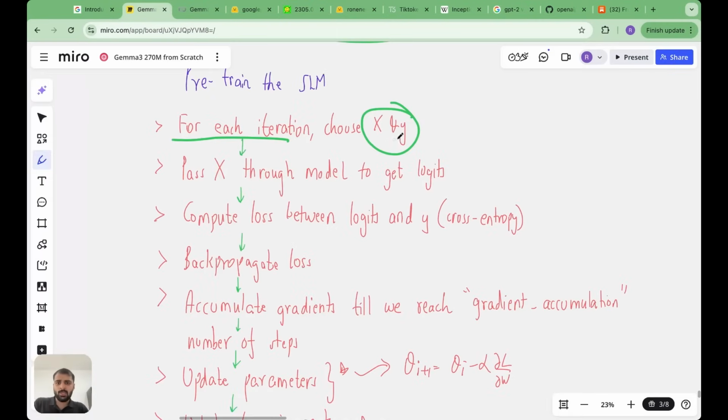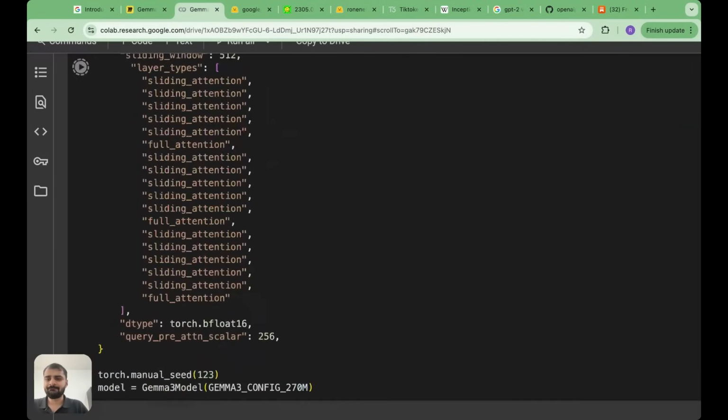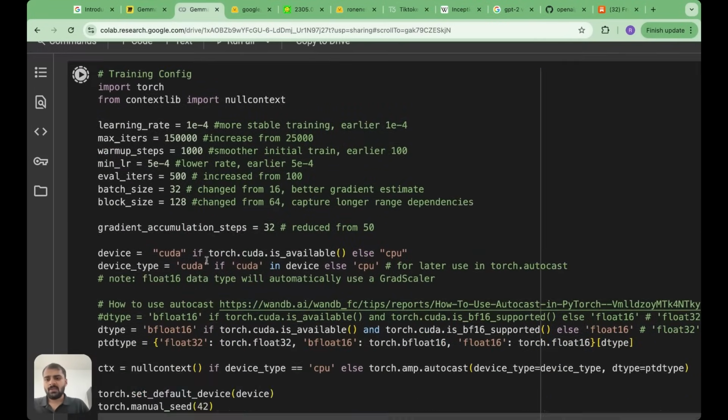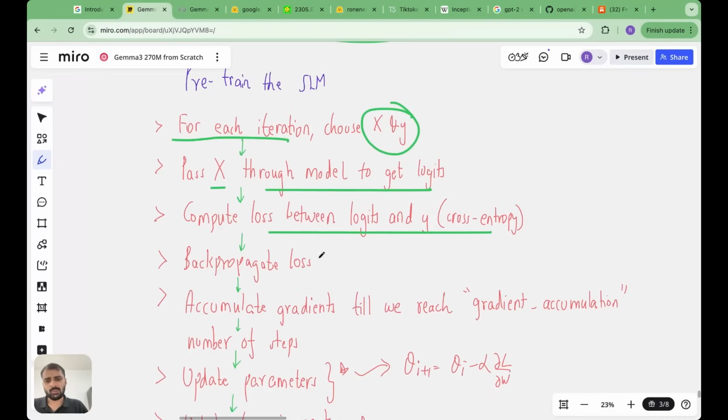Once we get the input and the output pair, we are going to pass X through the model to get the logits. And that's actually done in this estimate loss. In this estimate loss, we get the X and Y, and then we pass the X and Y through the model to get my logits, and I also get my loss.